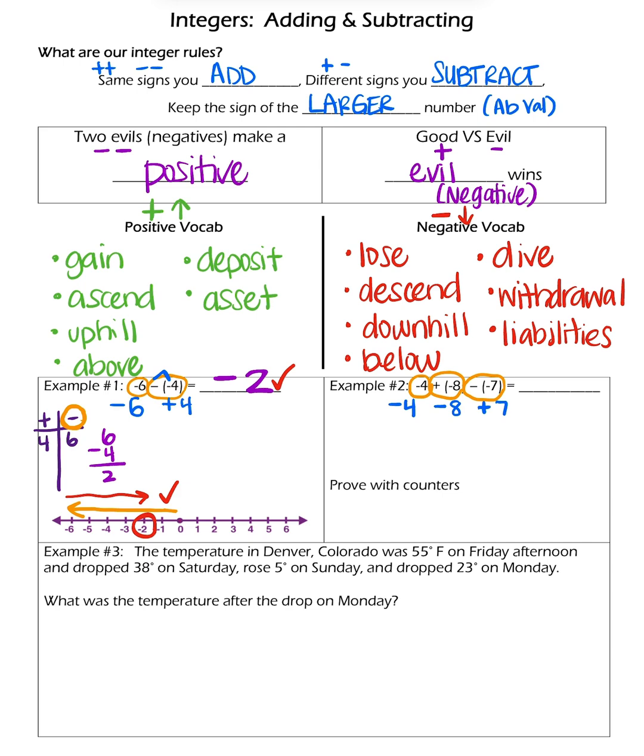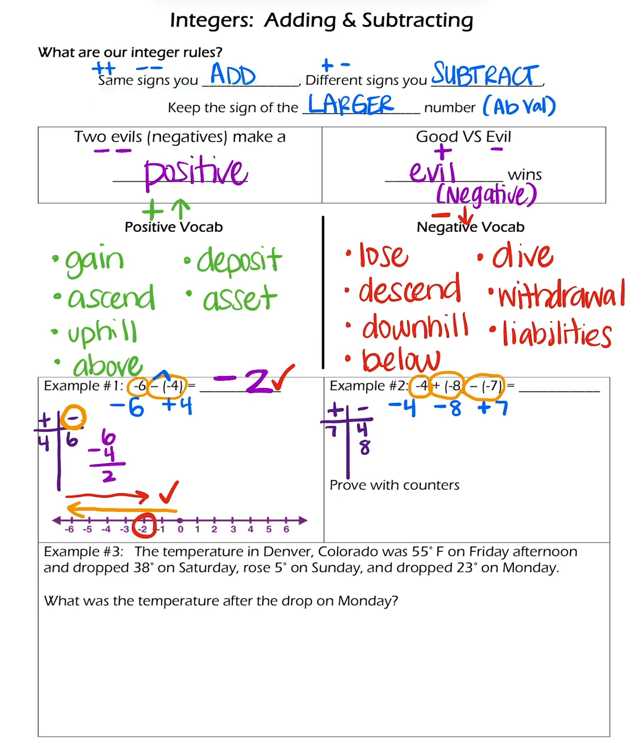So now that we've done that, we can go create our positive negative table. I'm going to put all my numbers where they belong. My 4 is a negative, my 8 is a negative, and my 7 is a positive. And so because I have multiple players on team negative, I need to combine them. Remember, our rule is same signs you add.